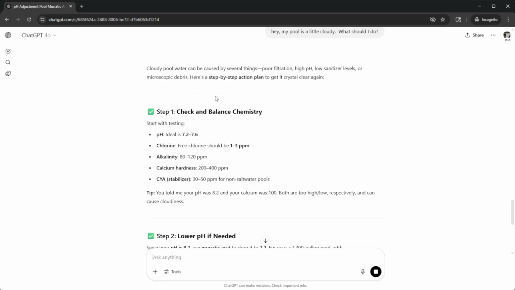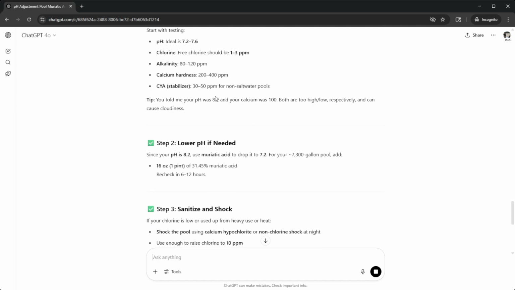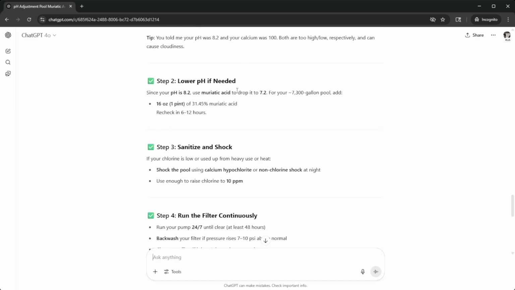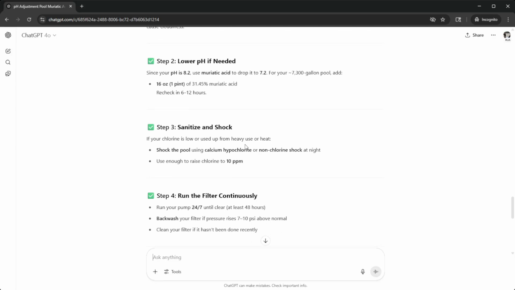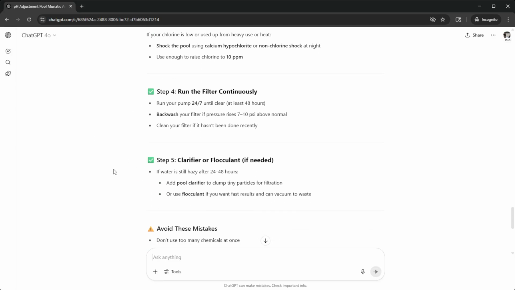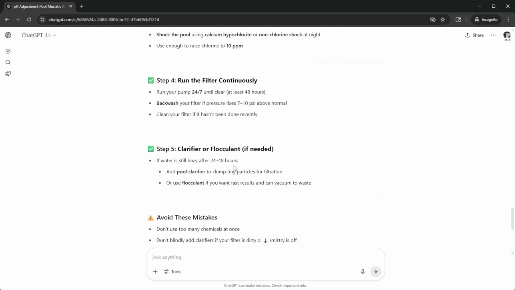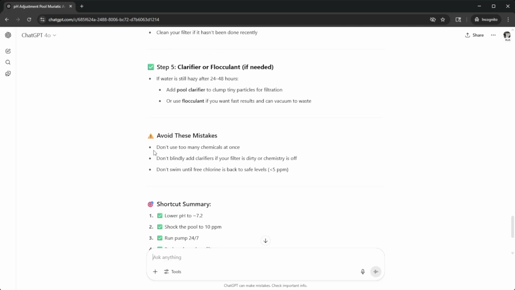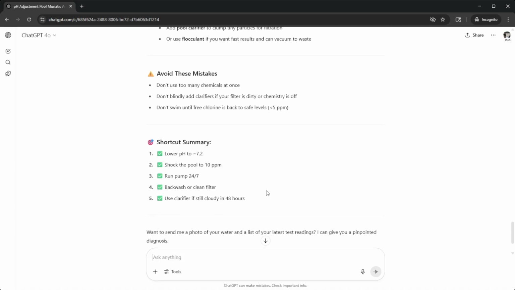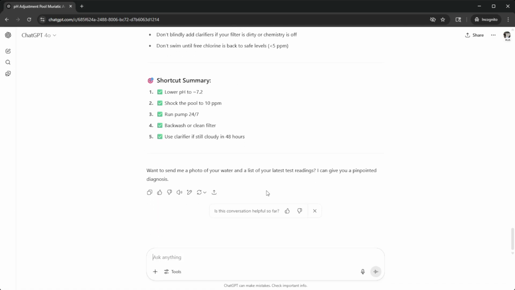So it gives you all the steps you need to do. So lower the pH, sanitize and shock, run the filter, clarifier. Don't use too many chemicals at once. Don't blindly add clarifiers if your filter is dirty. Blah, blah, blah. Look at this. It really helps you do everything.